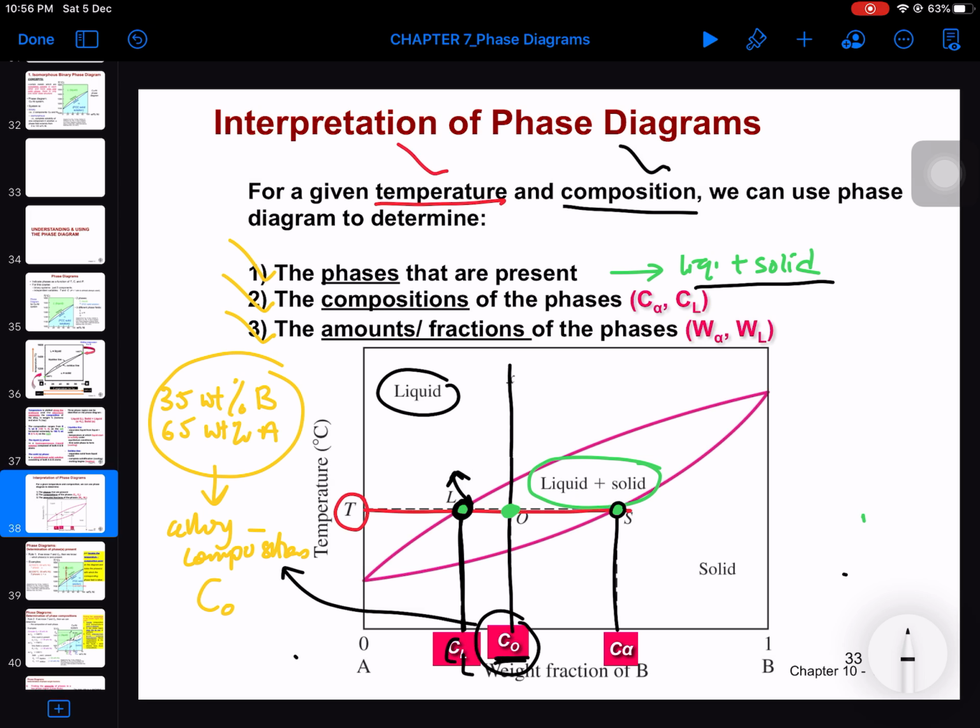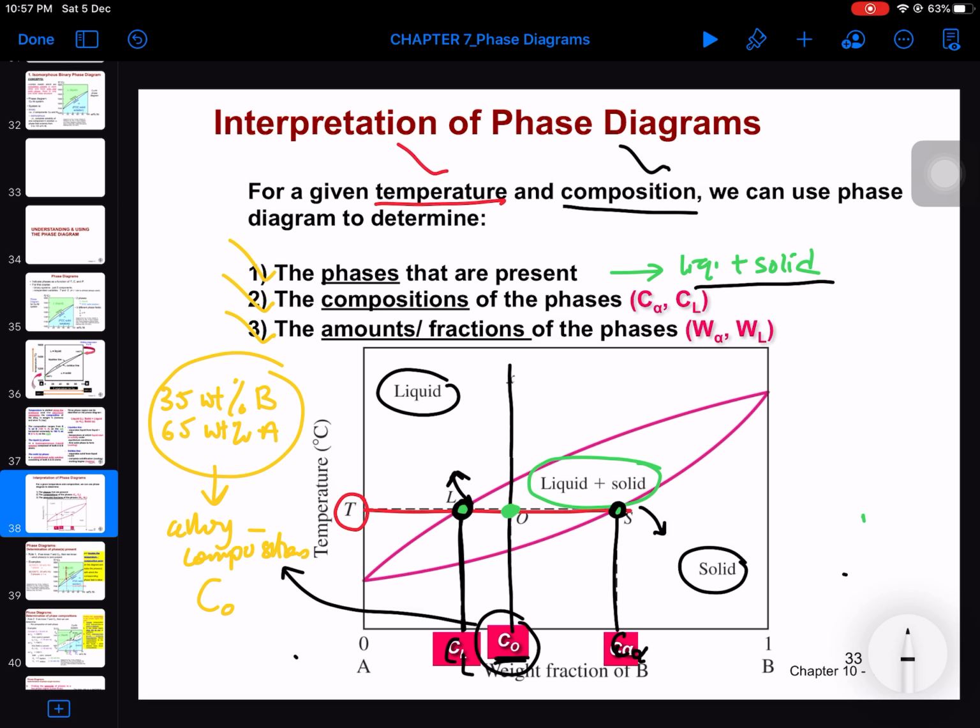If you look at the second point on your right hand side, below which everything is solid. So this is the composition for solid, or we can call it the composition of alpha, that represents solid. So this is C alpha and Cl.